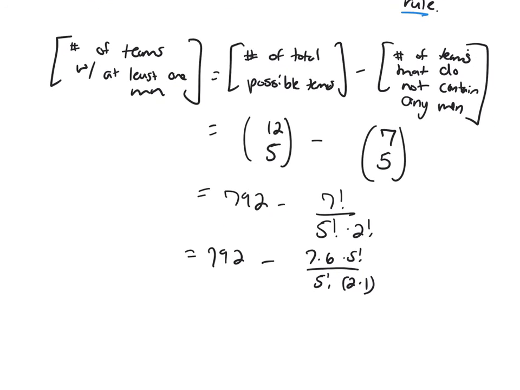The 5 factorials cancel, and the 2 goes with a 3 on the bottom, so it's 21. So 792 minus 21, or 771.